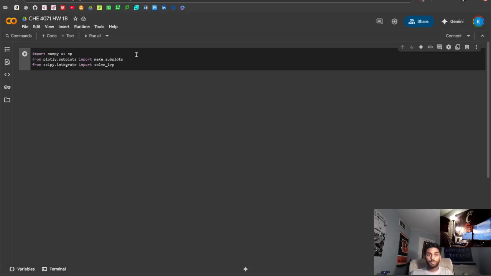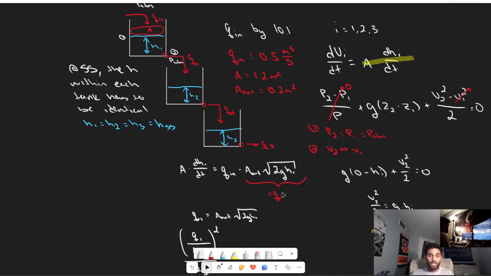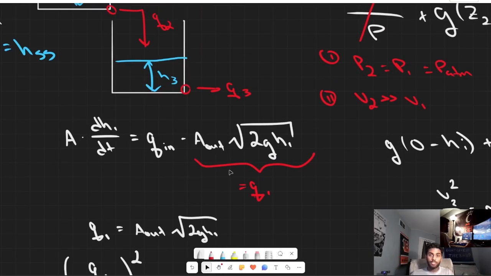So now we can throw some code in Python to help us model the change in the liquid height level within each tank as a function of time. So far, I've just imported a couple libraries. I've imported NumPy and make_subplots from the Plotly library, as well as solve_ivp from the SciPy integrate library. Now, I mentioned before that we have now set up this differential equation for which we can set up the change in height as a function of time.